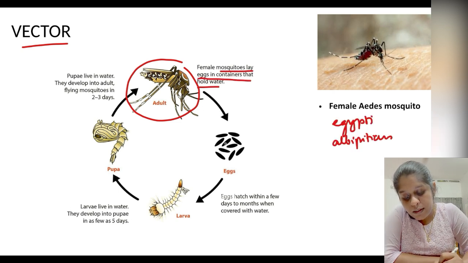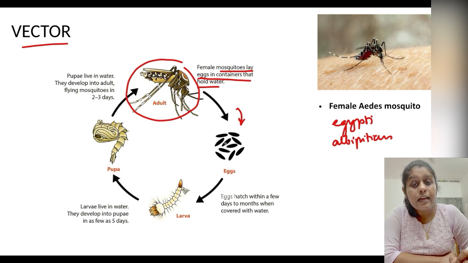The adult female mosquito, which is a morning or day feeder, will lay eggs in water bodies, and these eggs have the potential to stay even for 1 year. If there is no water source, the eggs can remain without desiccation for nearly 1 year, and they will hatch within a few days to months when covered with water.